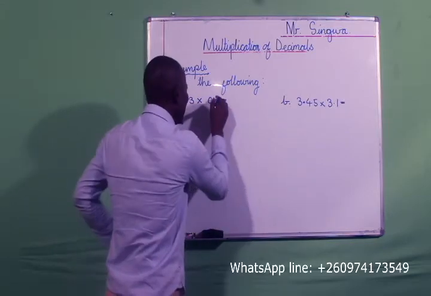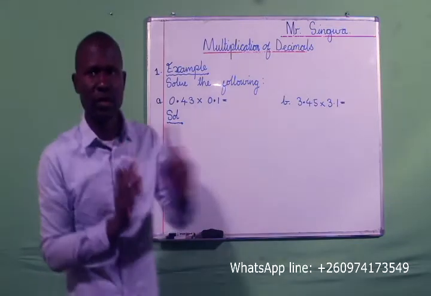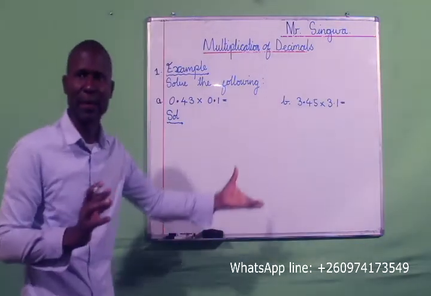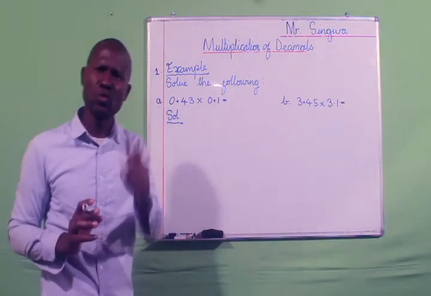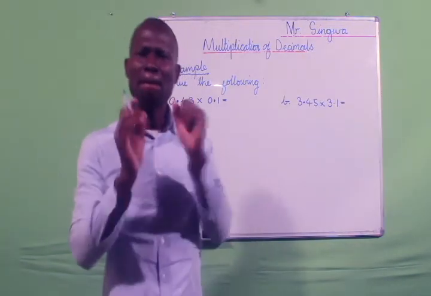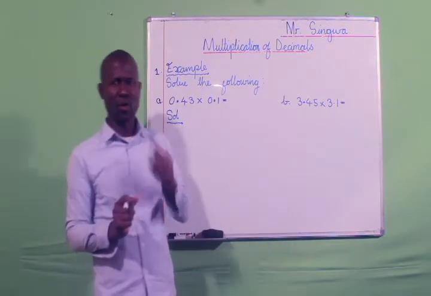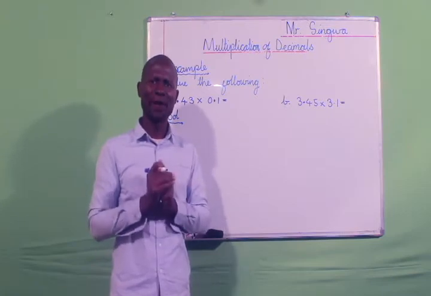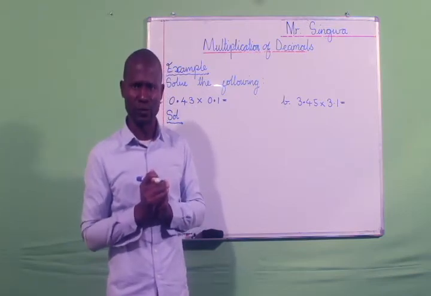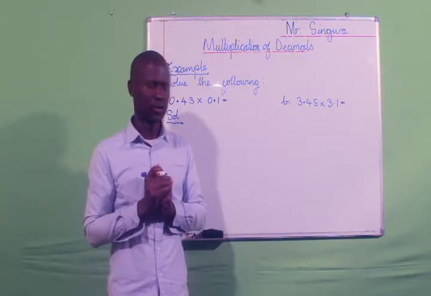Now, listen to me very carefully, because these are two different things from what we were doing earlier. This is now multiplication. In multiplication, make sure you observe the place value. We are not looking at placeholders.